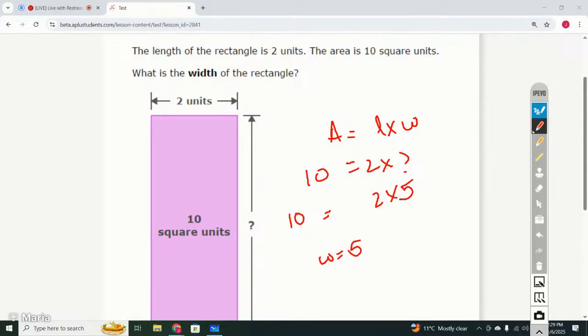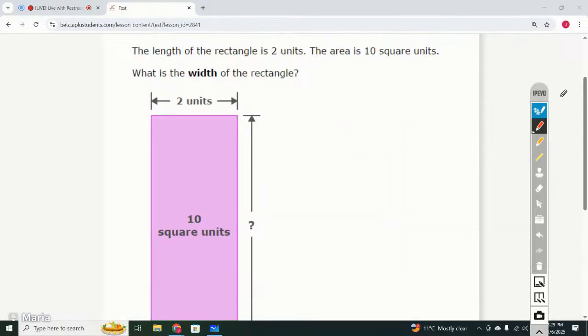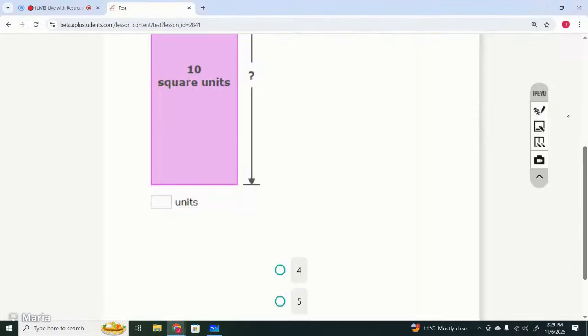The width is 5. The correct option is 5. Option number 2 is the correct option.